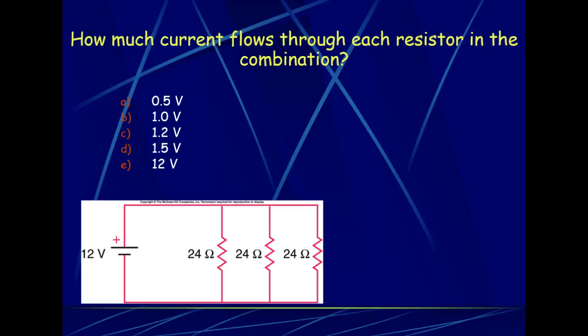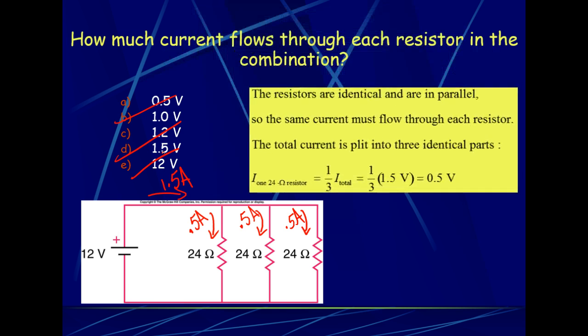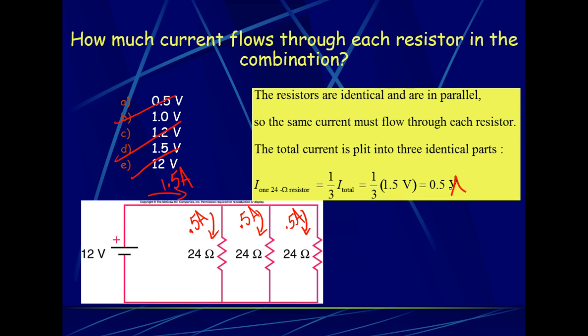If we're wanting to know the current that's going to flow through each resistor, this 1.5 amps is going to split. And since these resistors are all the same, it's going to split evenly. So each resistor is going to have 0.5 amps of current. So again, ignore the units over here. And here.